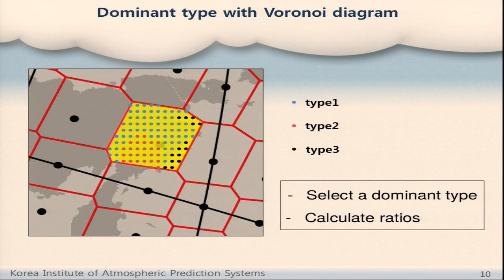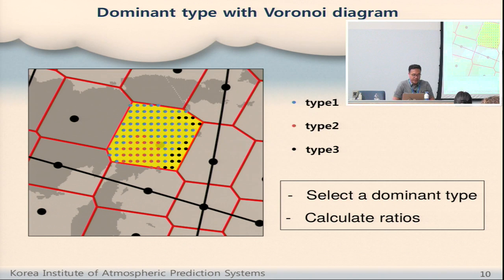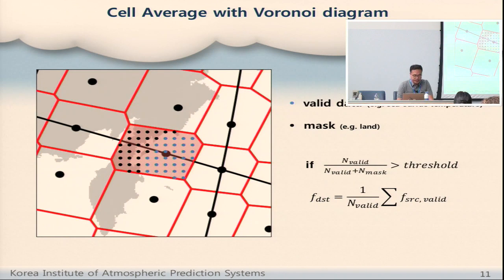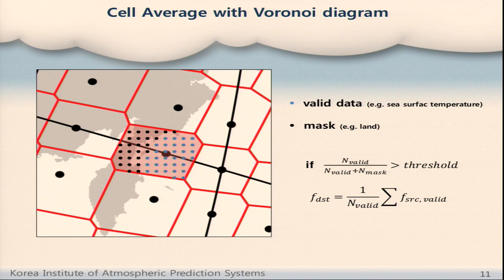The dominant type method finds the dominant type of the source grid points contained in the Voronoi polygon of the target grid, or calculates the ratio of the source types. The set average method calculates the average value of the source values contained in the Voronoi polygon of the target grid. This method is suitable for remapping of masked data used in the ocean model.